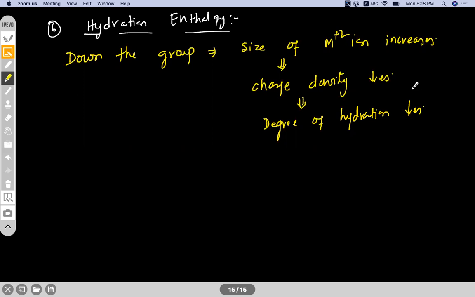Charge divided by volume of the ion, that is charge density. Whenever you see the density term associated with charge, we always consider per unit volume. Sometimes they also write charge to radius ratio, which is nothing but the same thing. The terms are different, but the result will be the same. Okay.